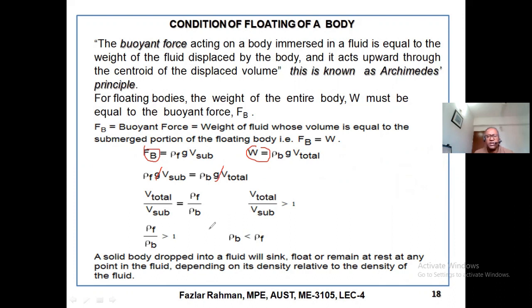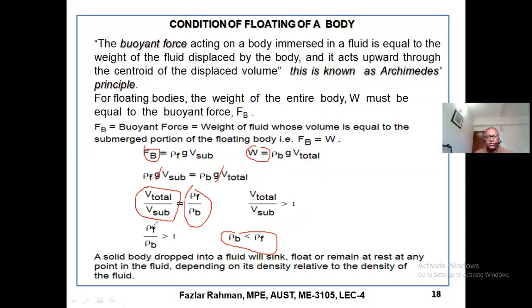So from here, what you see is the left side will always be higher than 1, right? The total volume will always be higher than the submerged, underwater volume, right? So if this one is higher than 1, then this ratio will be higher than 1. What is this ratio? Density of the fluid divided by density of the body.